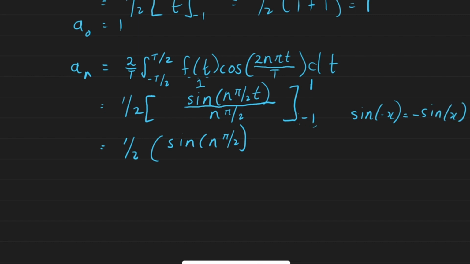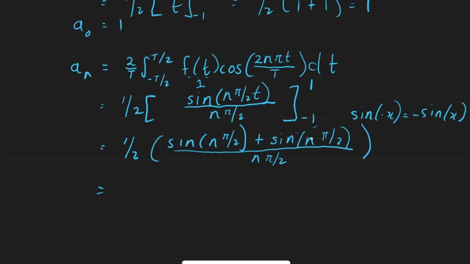So when we put in this minus 1 here, we're going to have sine of minus n pi over 2, so we bring a minus in the front. However, there's already going to be a minus since we are integrating with respect to this lower boundary. So this minus in front, with this minus, is going to give us a plus. Plus sine n pi over 2. And all of this is divided by n times pi over 2.